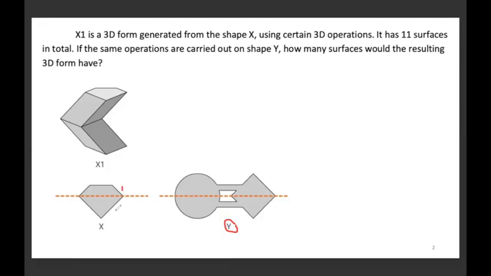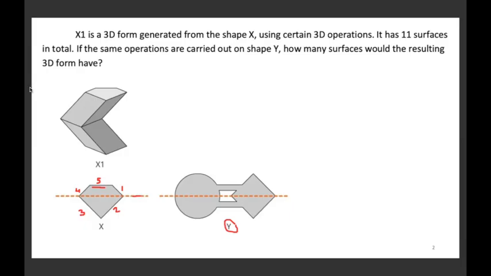So the edges in X are 1, 2, 3, 4, and this is the fifth one. If you observe, the brown colored line is actually parallel to the surface 5.